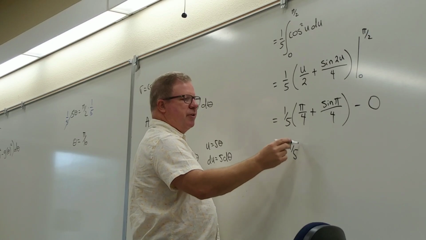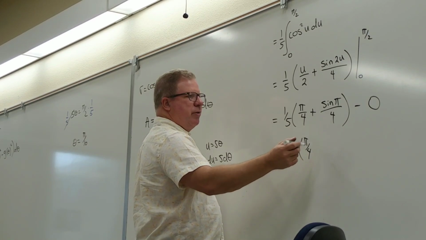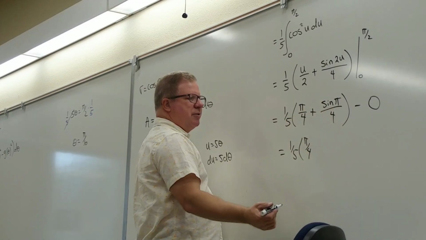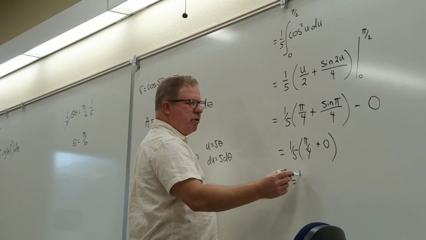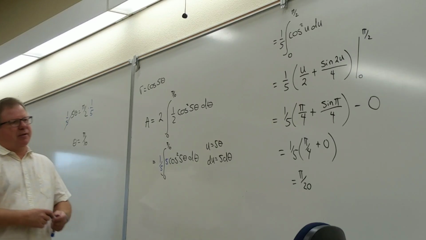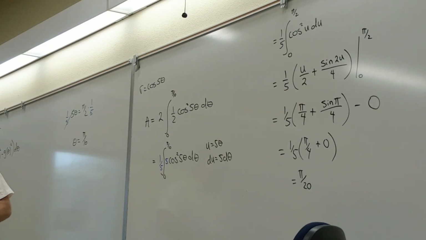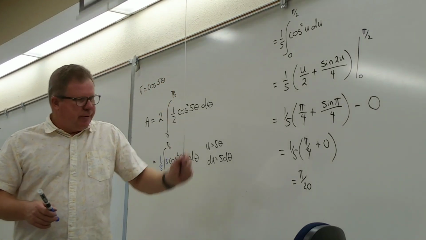So we have 1/5 times pi over 4. Sine of pi is 0. 1/5 times pi over 4 is pi over 20. That is the area of one petal, assuming there are not any mistakes in there.